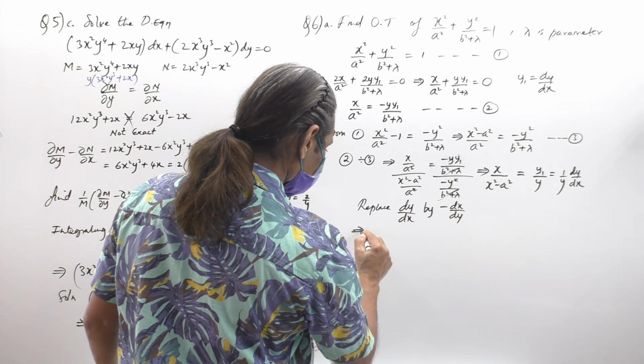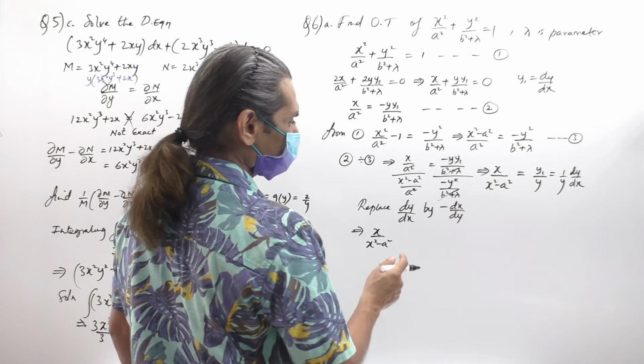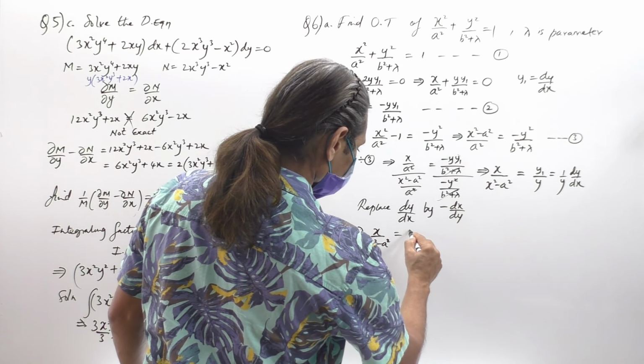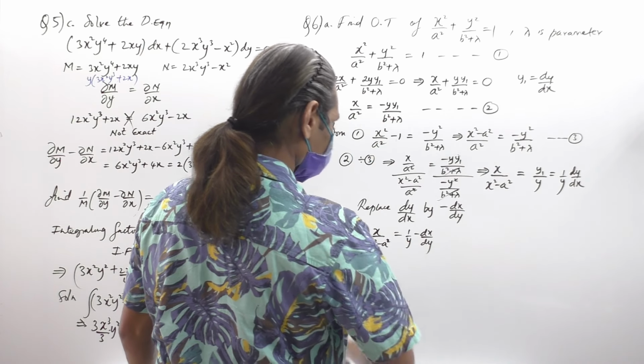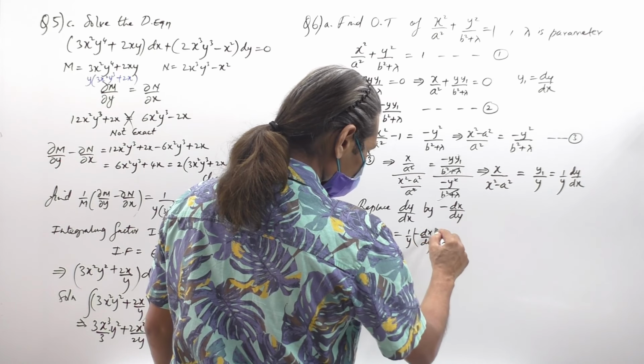So it implies we have x by x square minus a square equals 1 by y into minus dx by dy. This is what I have here. Now we need to solve or integrate this.